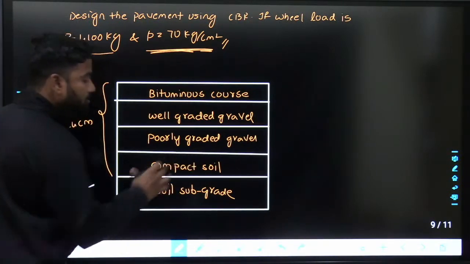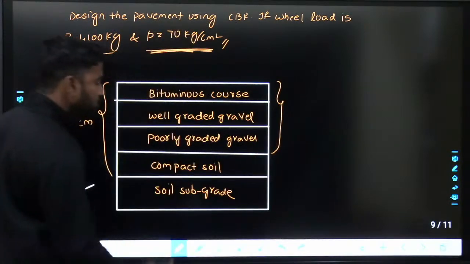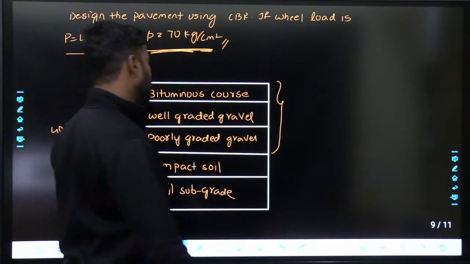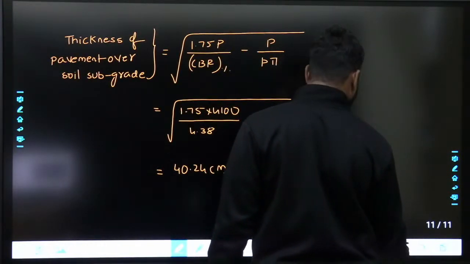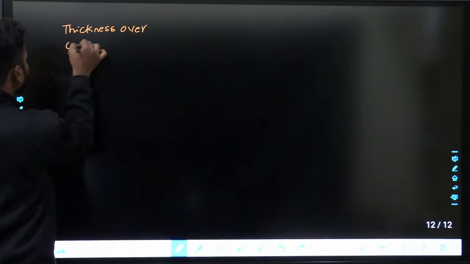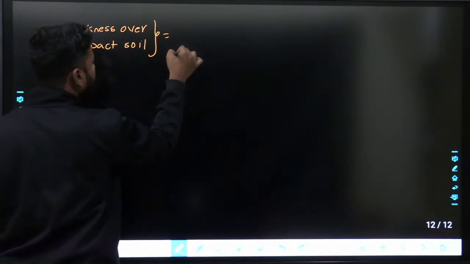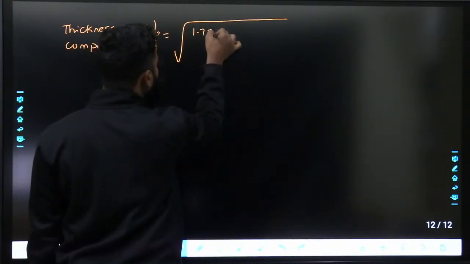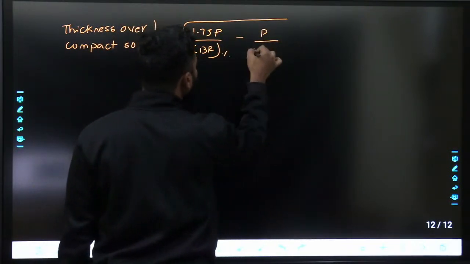Now, he has given CBR of compact soil also. If you consider CBR of compact soil, then you will get the thickness over the compact soil. So, what will be the value? Thickness over compact soil equals under root of 1.75 P upon CBR in percentage minus P upon P pi.